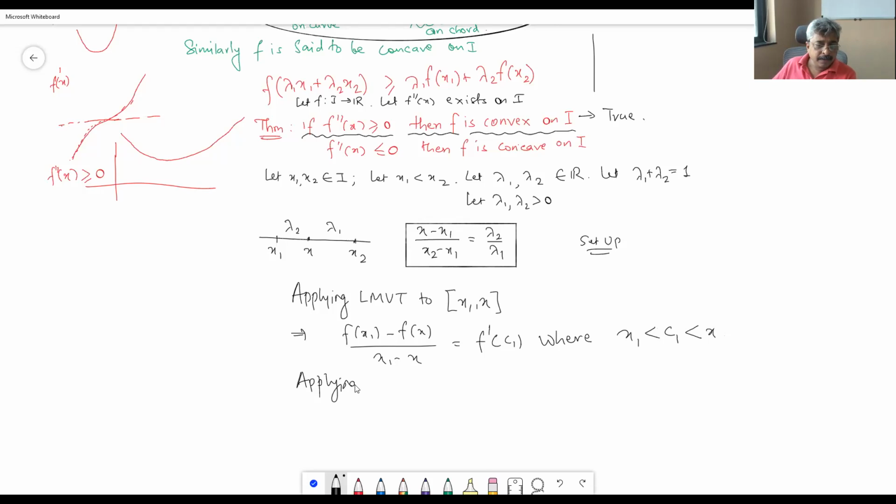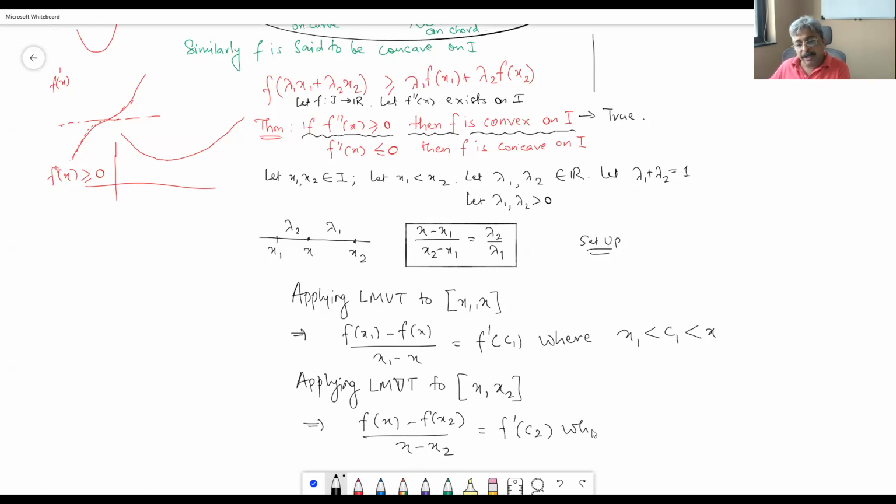Applying LMVT to x, x2, we have f of x minus f of x2 divided by x minus x2 is equal to f dash of c2, where x is less than c2 is less than x2. So this is a simple application of LMVT. So we are getting these two results, 1 and 2.